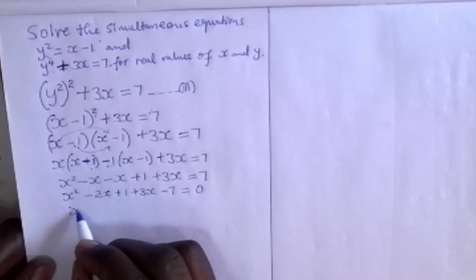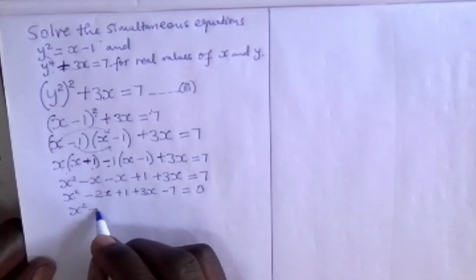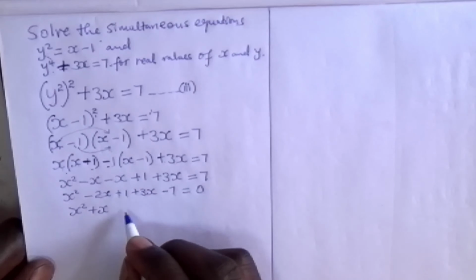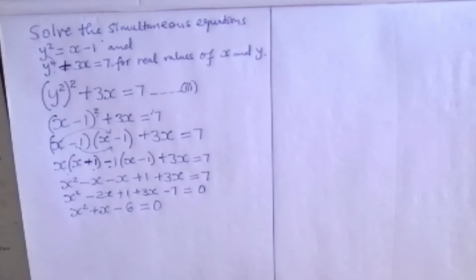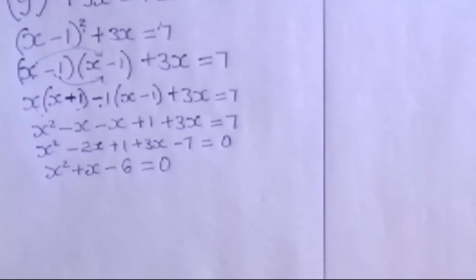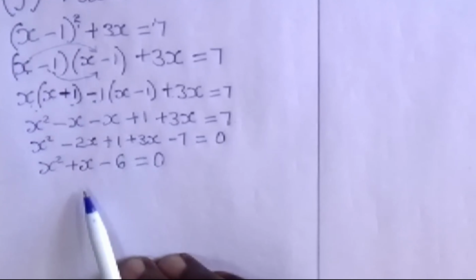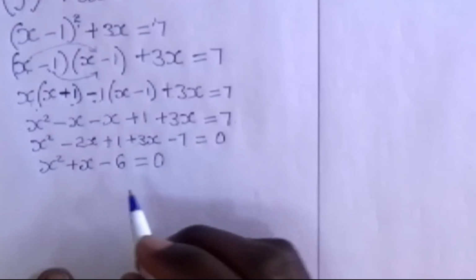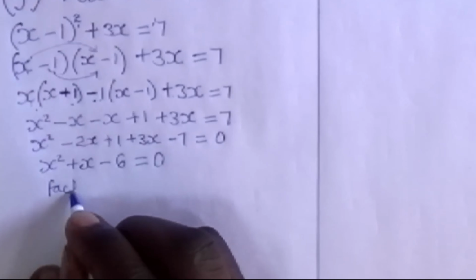So we have x squared minus 2x plus 3x, that is plus x, then plus 1 minus 7, that is minus 6, equal to 0. Now this is a quadratic equation, and we need to solve for x, and later we get the value of y.